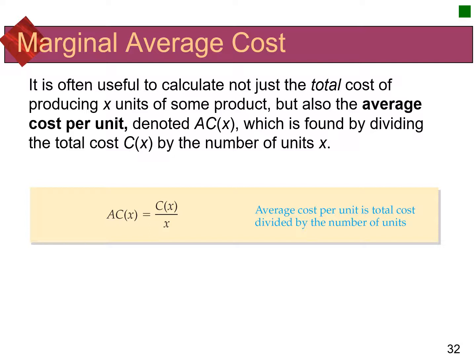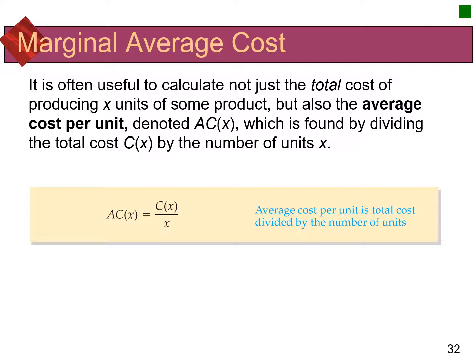This gets really shaky, because a marginal cost is like an instantaneous cost per unit at a specific time, whereas an average cost per unit, and a marginal average cost per unit, are very similar but not exactly the same.